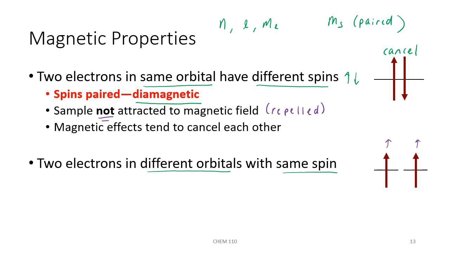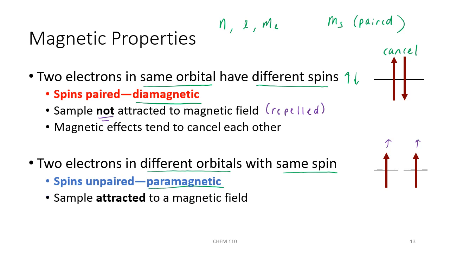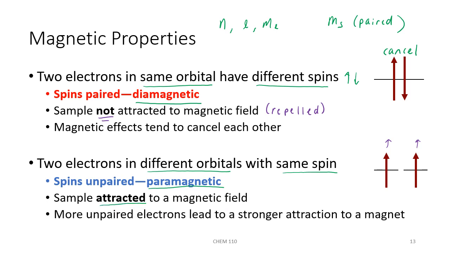In this sample, we have unpaired electrons, and the magnetic effects do not cancel. We call this paramagnetic. Paramagnetic samples are actually attracted to a magnetic field. The greater amount of unpaired electrons in a sample, the stronger the attraction to a magnetic field there will be.